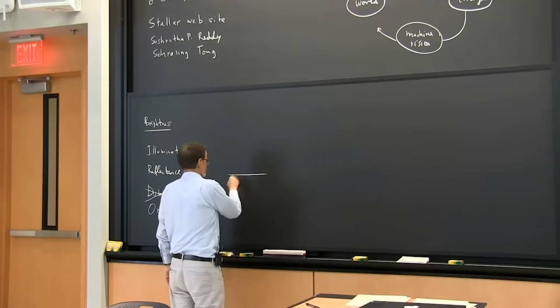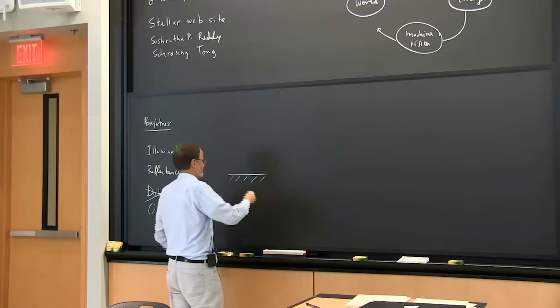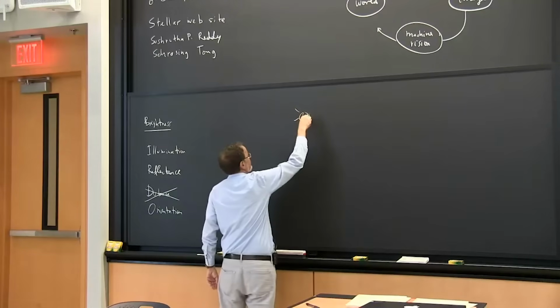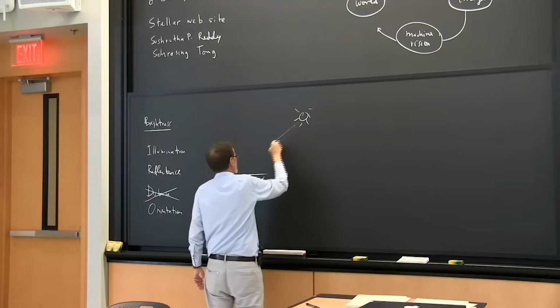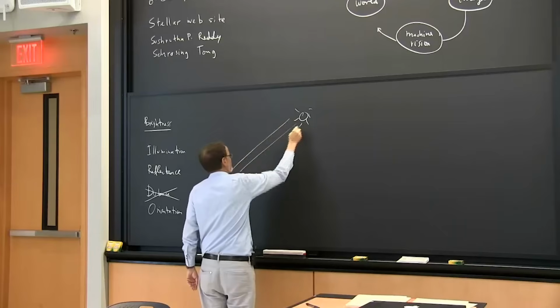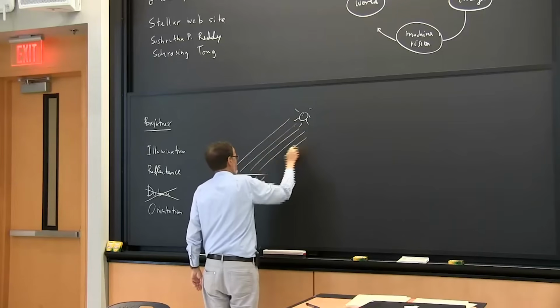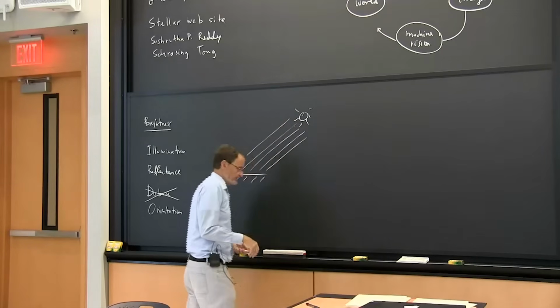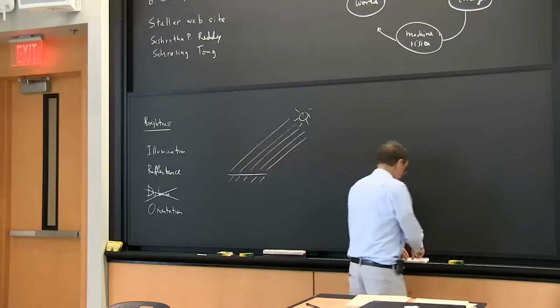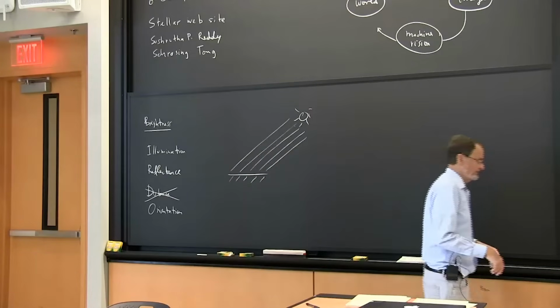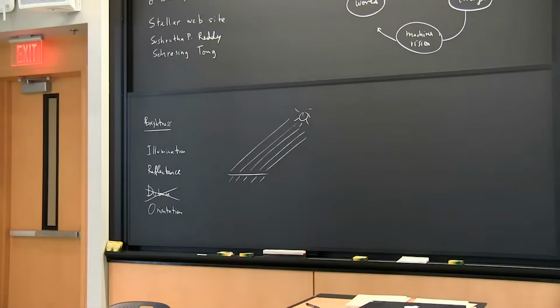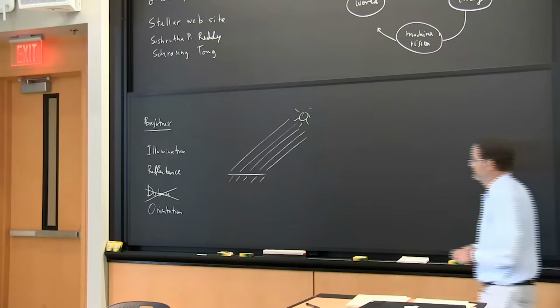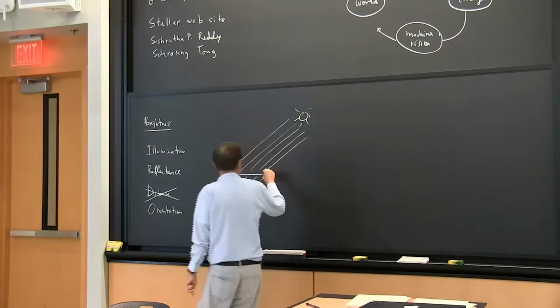So here's a surface element, some little patch of a surface, and here's a light source, and what we find is that there's foreshortening. That is, the power that hits the surface per unit area is less.